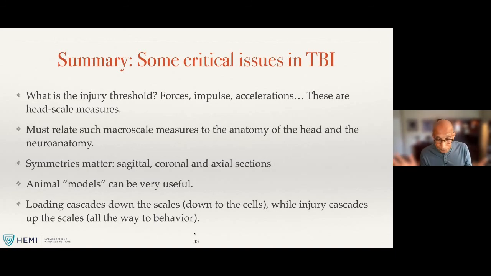Most of the data you have is on people who are 18 to 25, 18 to 30 years old, and most of the people who are injured are not that age. So we have to figure out how this works. We have to relate macro scale measures of anatomy to the neuroanatomy. That's what we are trying to do.